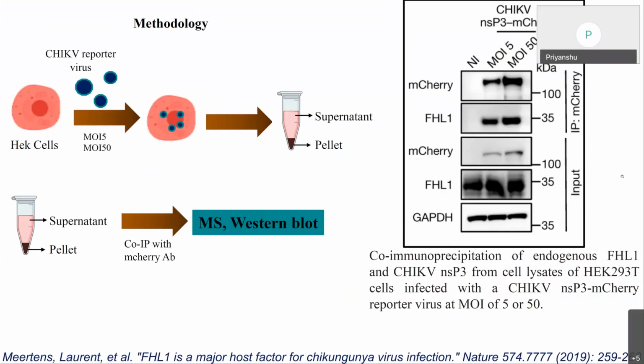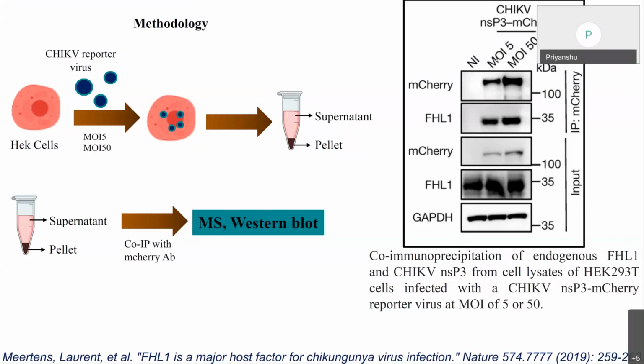In this Western blot, NI shows the non-infection samples. In non-infection samples, look at the input. What is the meaning of input? Input is the lysate before IP. FHL1 is obviously present in input because it is a host factor, but mCherry with NSP3 is not present because these are non-infected samples.